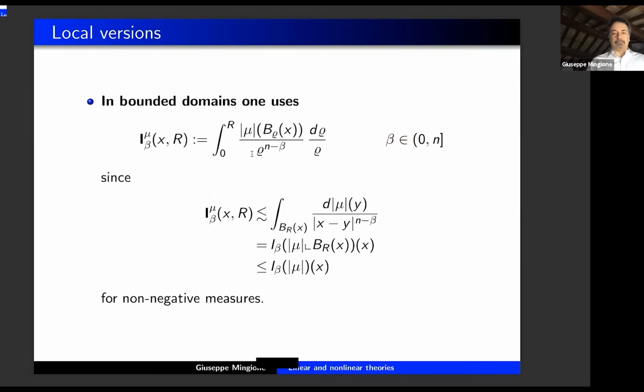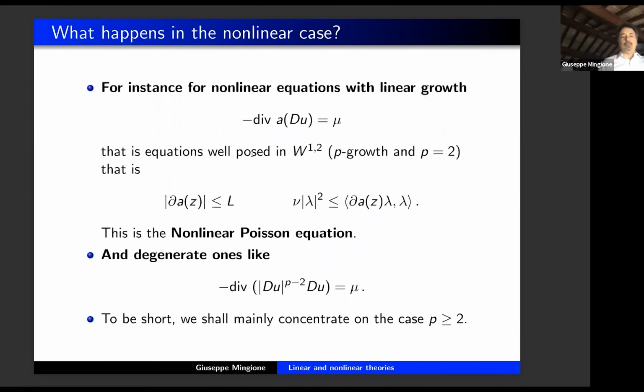Okay. So the question I would like to pose at the beginning is the following. Let me take any quasi-linear equation of this type, which is at the first stage non-degenerate. So its largest eigenvalue is dominated by L, and its lowest eigenvalue is bounded from below by nu.